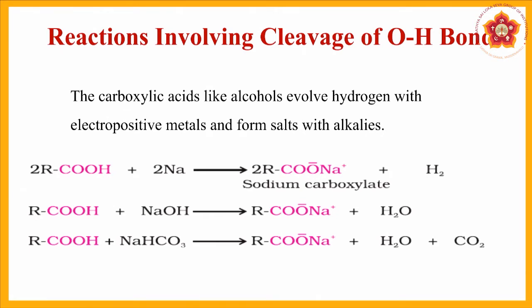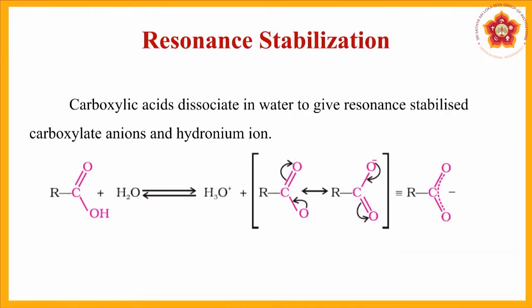Similarly, you are able to see other reactions where sodium metal, sodium hydroxide and sodium bicarbonate are used. The main product is the sodium salt, sodium carboxylate. You could get other byproducts like hydrogen gas, water, carbon dioxide, various other forms. So this is mainly about cutting the OH bond present in these cases.